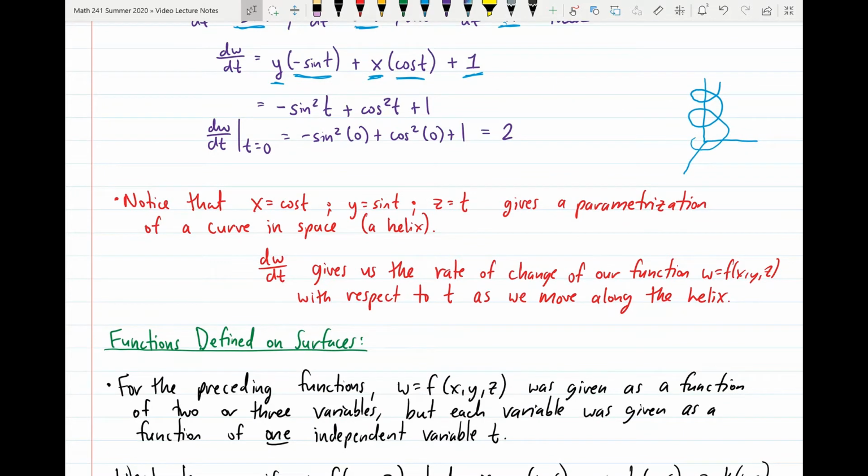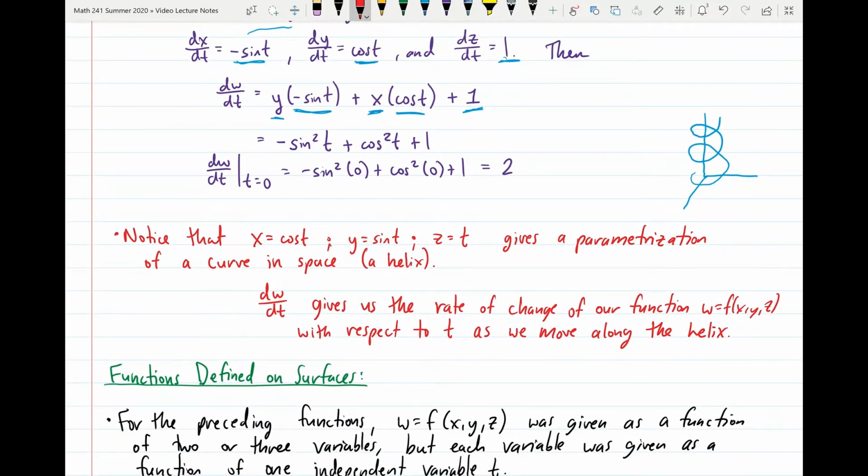And pictorially, or graphically, what this derivative of w with respect to t actually means is that as we are traversing the graph of this function, f of x, y is equal to w, we're traversing that function along this line here.